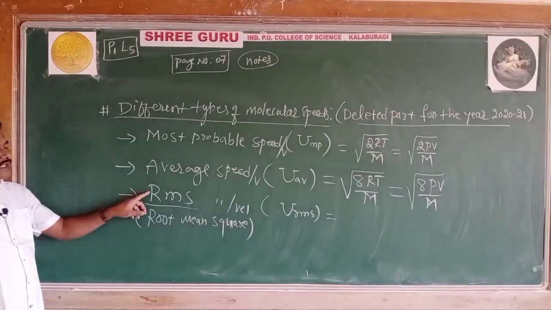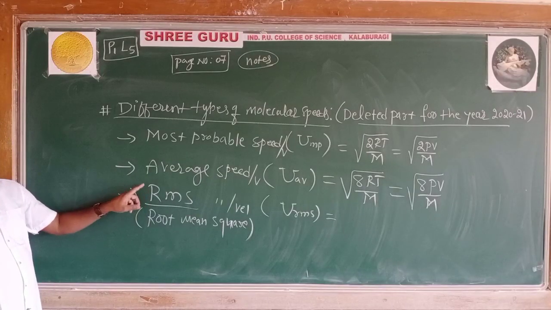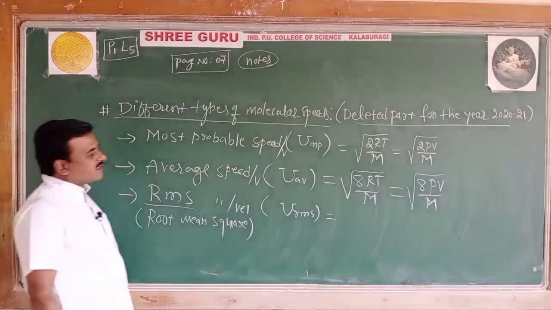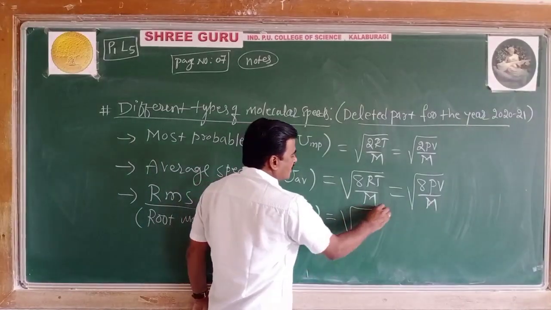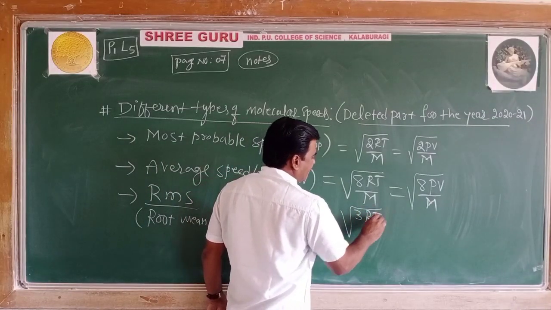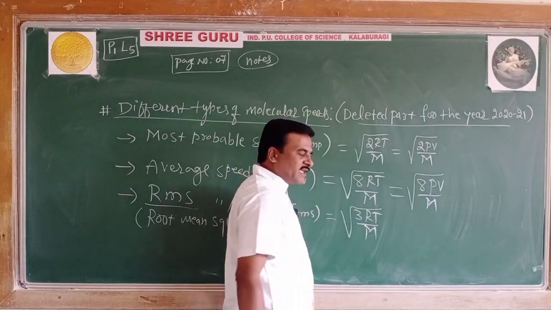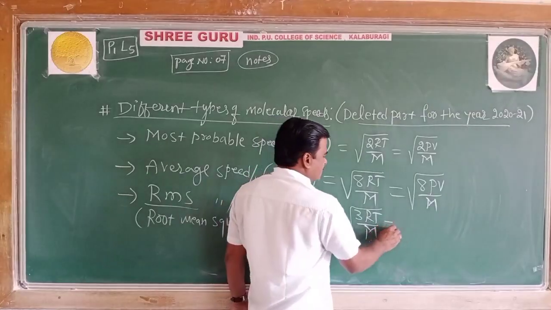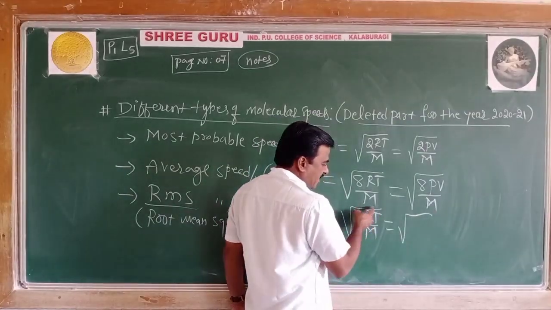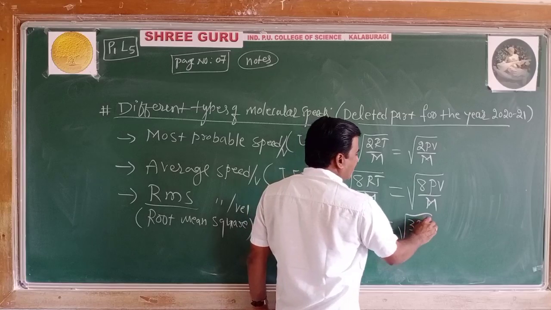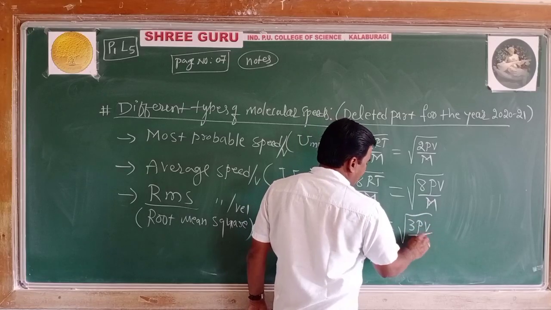What is the formula to calculate it? It is under root of 3RT by M. Since PV equals RT, I can write 3PV by M.